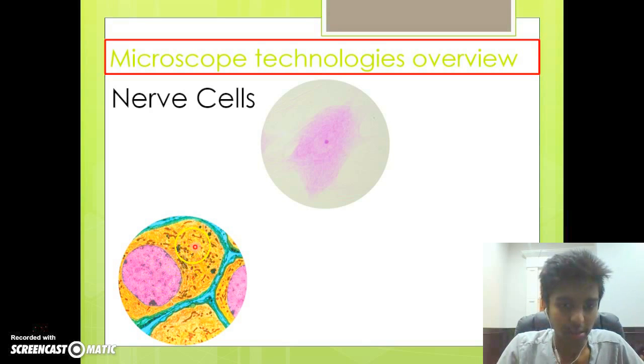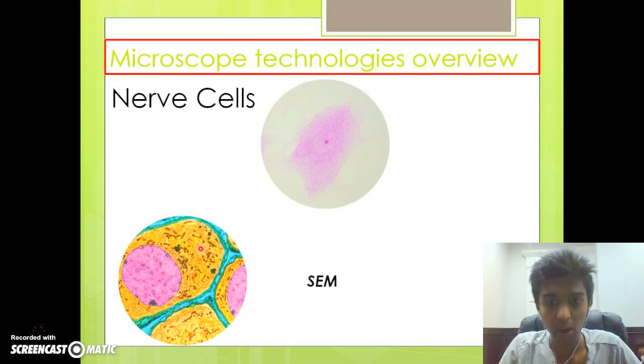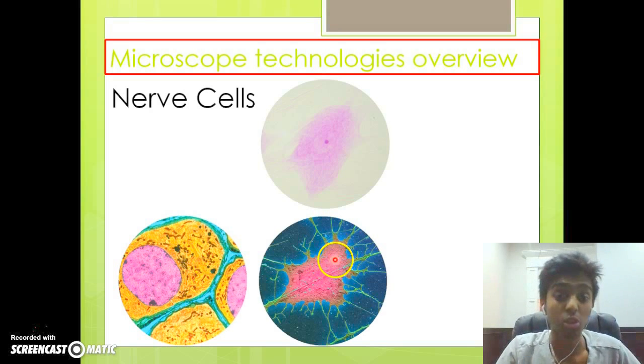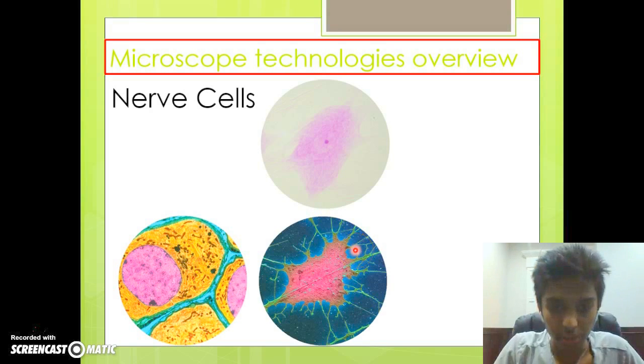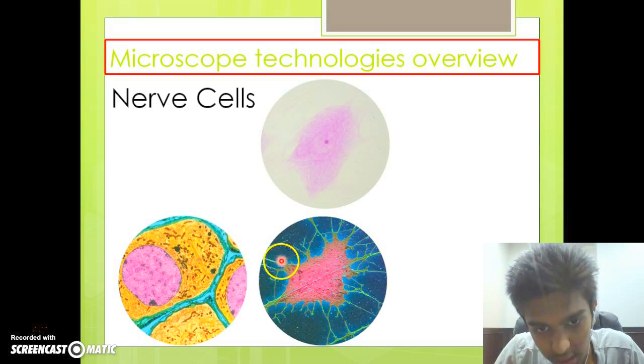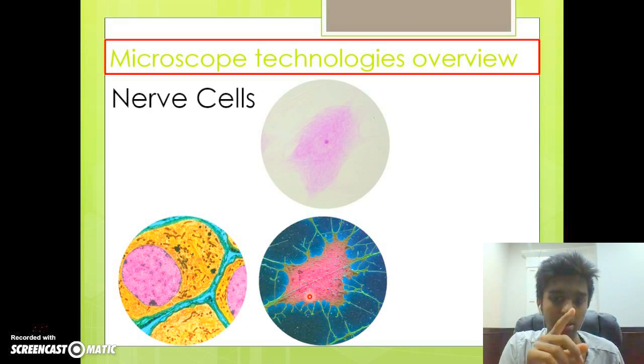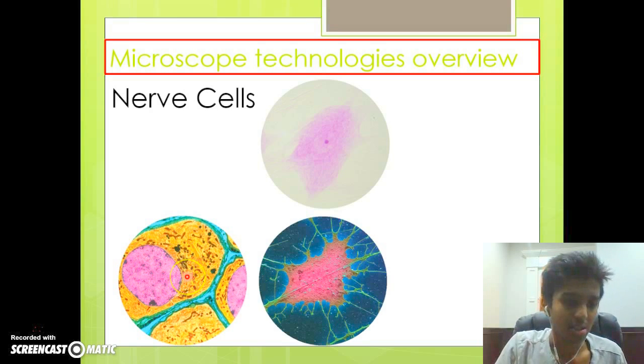This would be the nucleus, the cytoplasm, and the minute organelles inside. Now, with the scanning electron microscope, we're able to clearly analyze the outside areas and determine the structure and the formation of the cell. So this nerve cell, as seen through the scanning electron microscope, is much greater at identifying the outside of the cell versus the transmission, which is the inside.